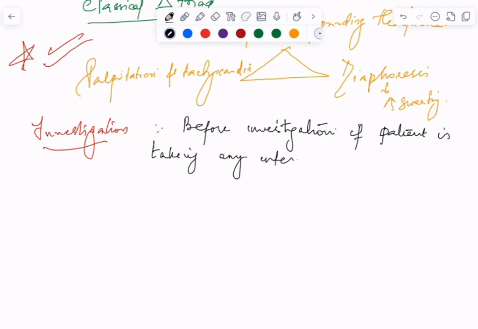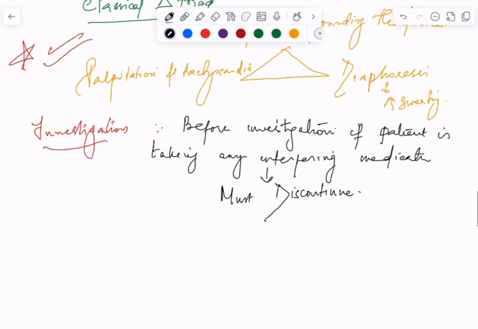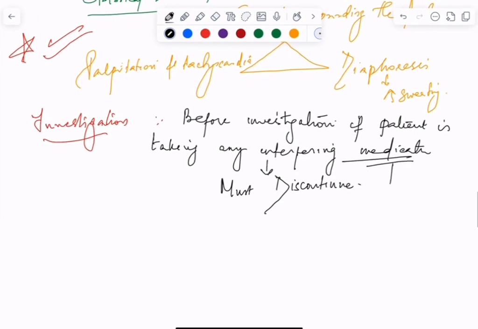Mark this word. Any interfering medication the patient is taking, you have to discontinue. One example of such medication is tricyclic antidepressants. All the antidepressants you have to discontinue before the surgery. Good to go? Okay.